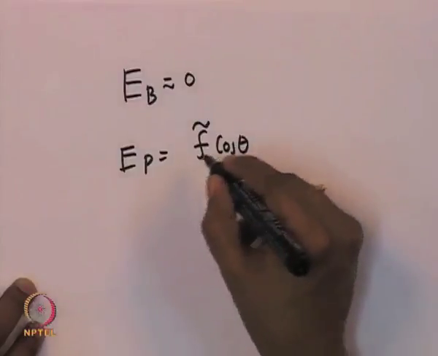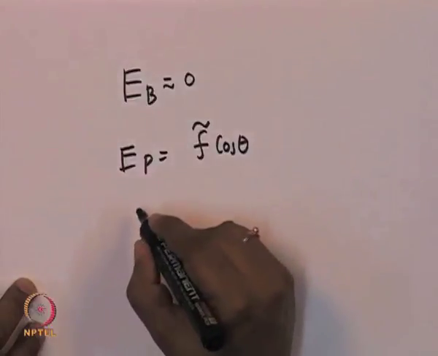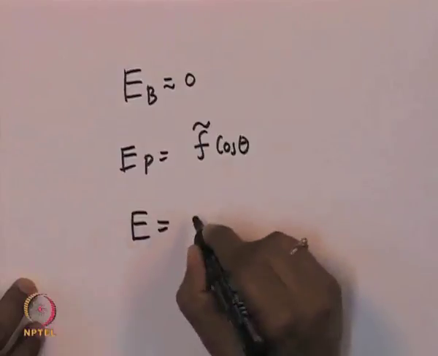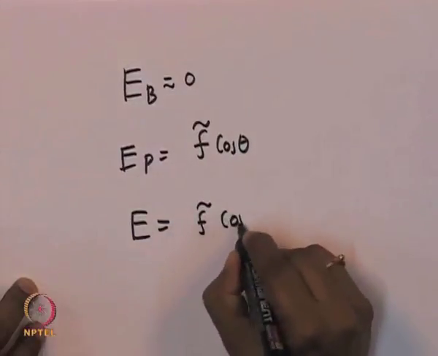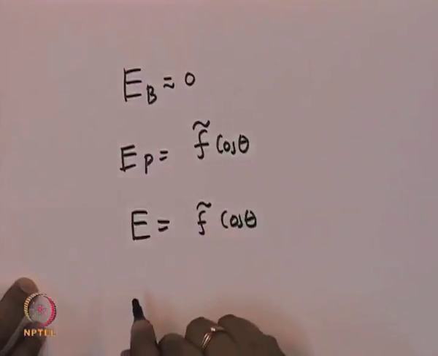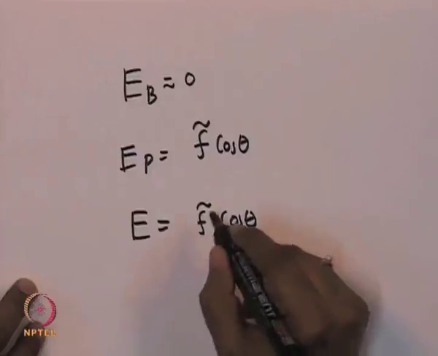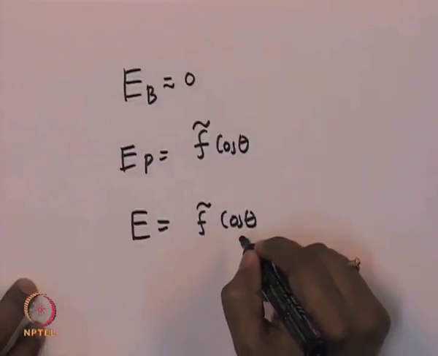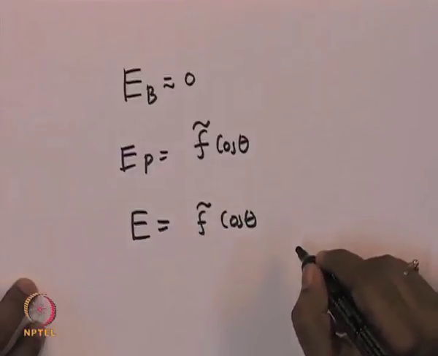So, the total energy E is 0 plus F tilde cos theta, which is actually F tilde cos theta. F tilde is F times some distance d, so F tilde cos theta is your energy.